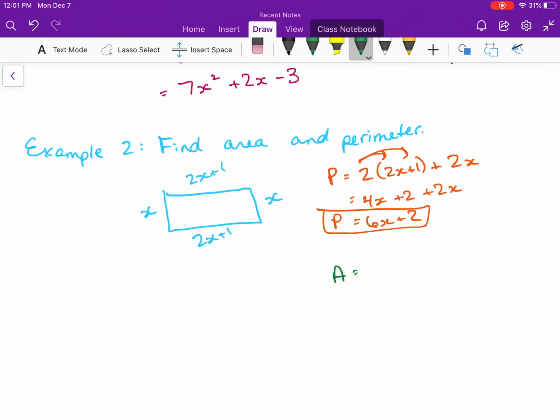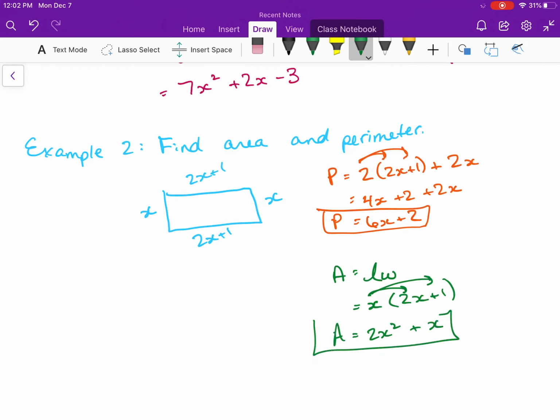So area, we know for area of a rectangle is base times height or length times width. And so it doesn't really matter which you assign to length and which you assign to width, but we're going to be doing x times 2x plus 1. And so we can see here that it's a distributive property question, and we're going to end up with an x squared again, because x times 2x is 2x squared, and then x times 1 is x. So this would be the area.